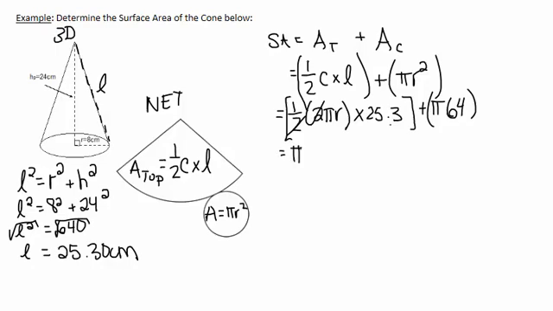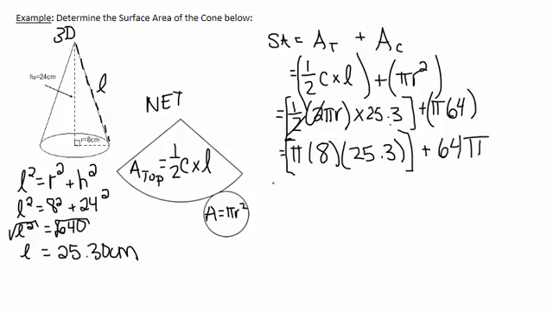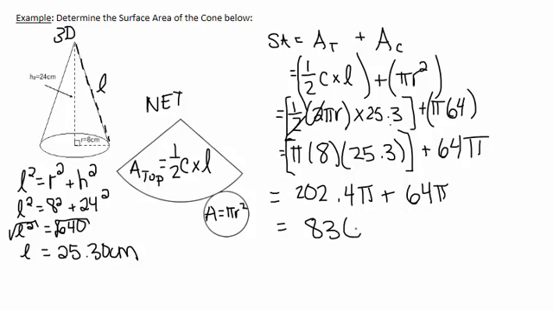So we're left with pi times radius times slant height plus 64 pi. So we're left with 202.4 pi plus 64 pi, which ends up being 836.92 centimeters squared. And that is the surface area for the cone pictured above.